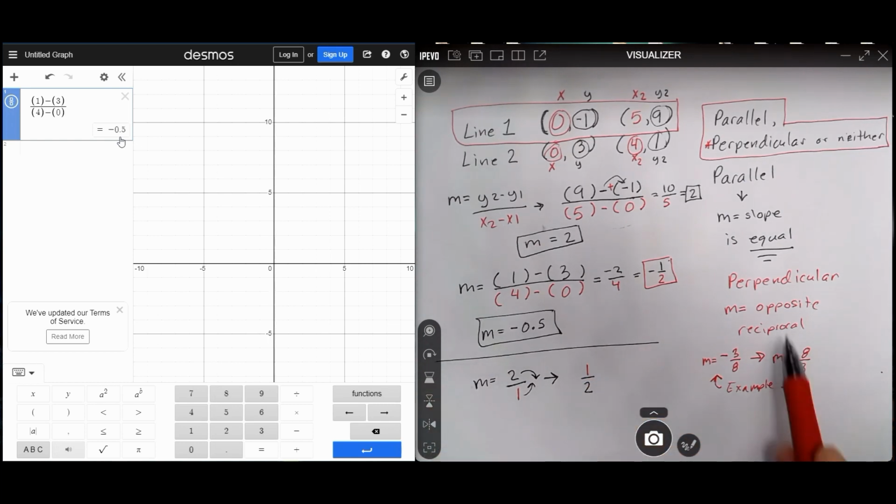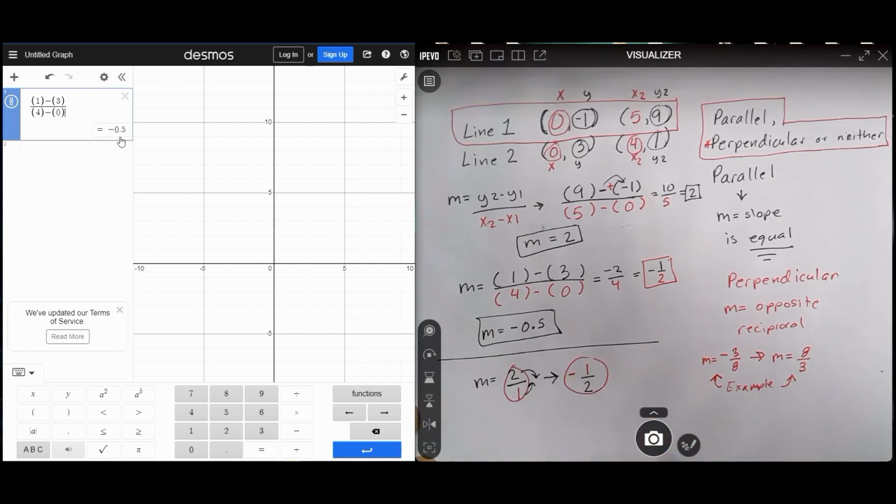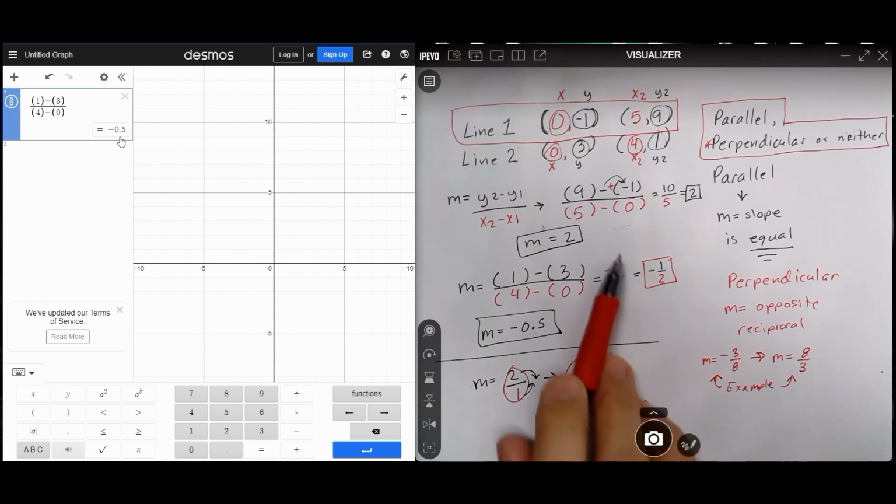And then if I do the opposite sign, instead of a positive 2 over 1, it's a negative 1 over 2. The reason I'm showing this is because we do have a relationship here, and that would mean that these two lines are perpendicular. Because our slopes, the m value that we got for each one, m is equal to negative 1 over 2, m is equal to 2, are opposite reciprocals of one another.